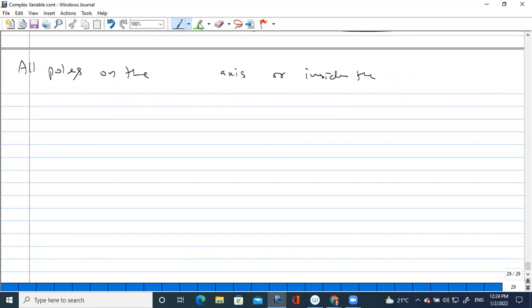You can use the upper half circle, on the axis or upper half. Only the upper half circle is our contour, and those poles will be included in the residue calculation.